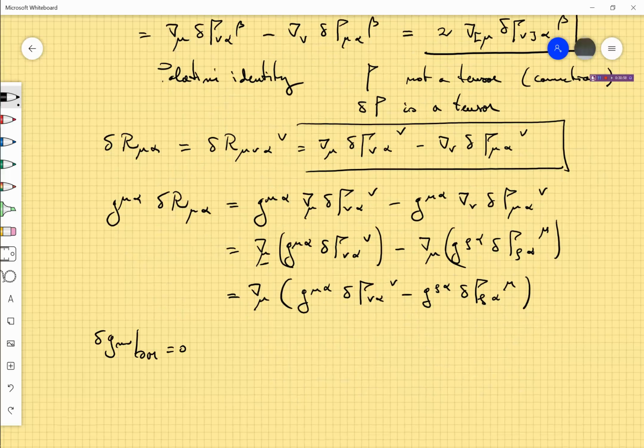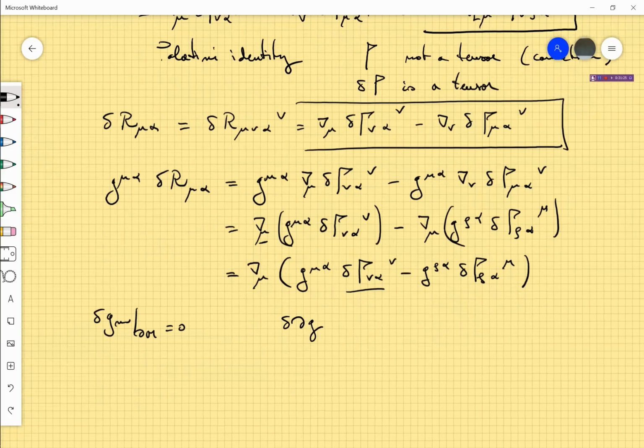And the answer is no because when you vary the connection, you will find terms which are of the form delta of derivatives of g, not just delta of g. And the only way to set that to 0 would be to impose conditions also on the variations of the derivatives of g, which is really not allowed in this variational problem.